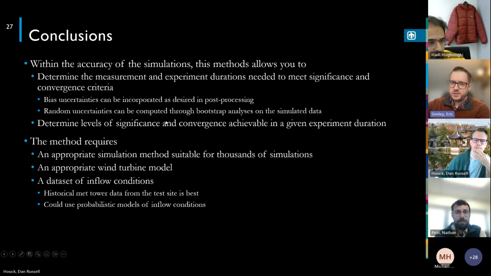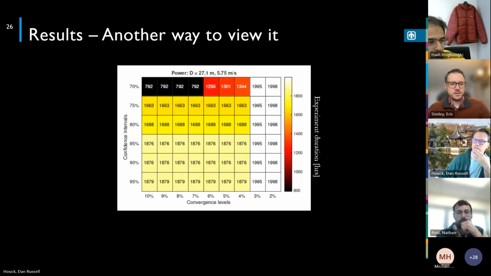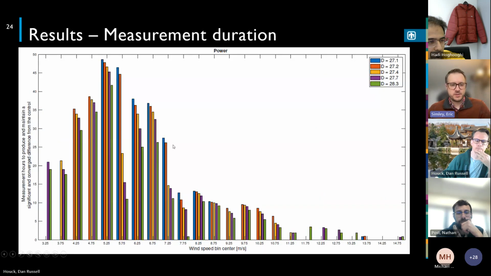Yeah, one question I have. So you showed the minimum measurement duration to achieve significance and convergence for each wind speed bin, and the greatest number of samples was around 5 or 6 meters per second, and then it's lower at very low wind speeds.